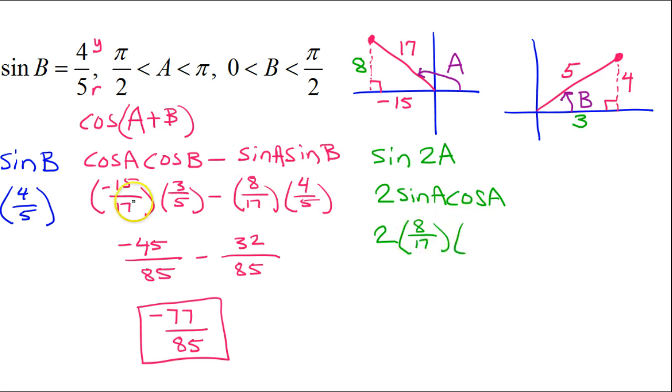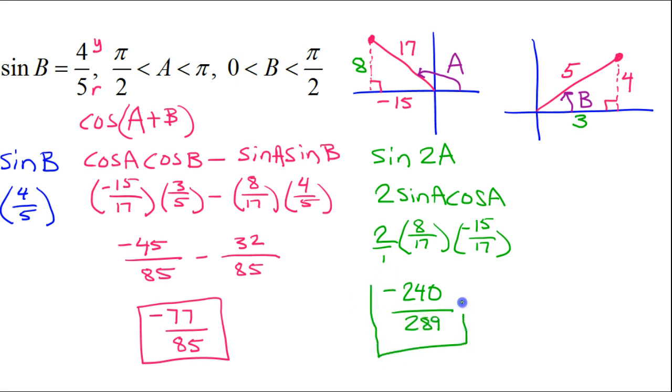And then cosine A, that is negative 15 over 17. So I'm going to treat this like 2 over 1. So that's going to be negative 240 over 289. Alright, that is sine of 2A.